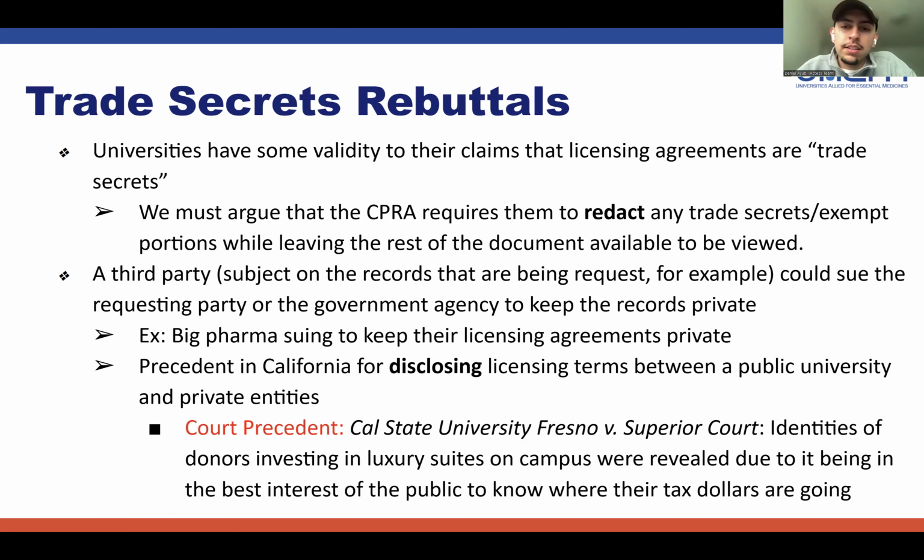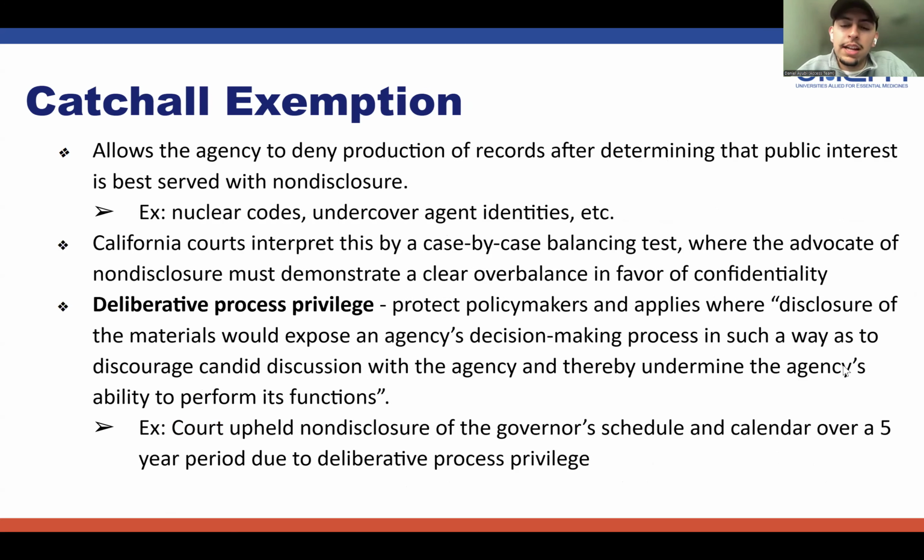And then the next thing that I want to talk about was the catch-all exemption. So the catch-all exemption is very vague, but it allows the California State Agency to deny production of records after determining that public interest is best served with non-disclosure.